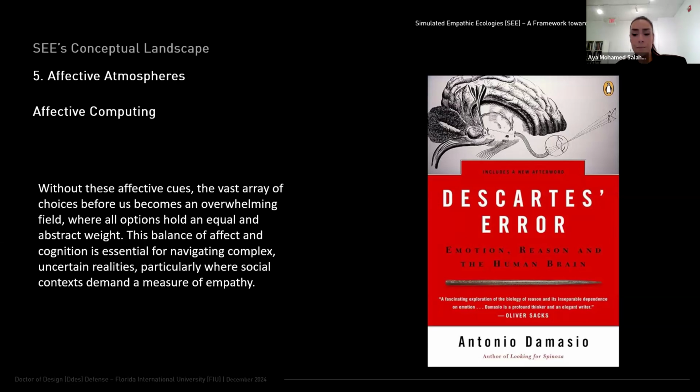In a lot of his clinical research, he observed patients that had damage to their frontal lobes, regions that are critical for emotional processing.